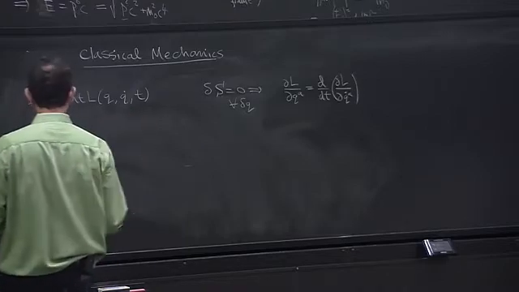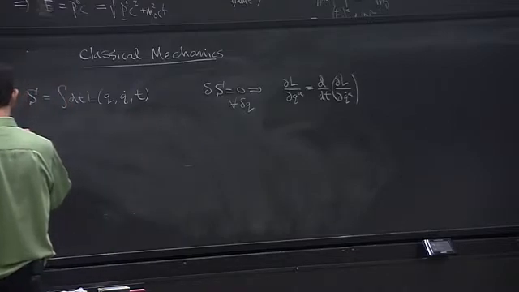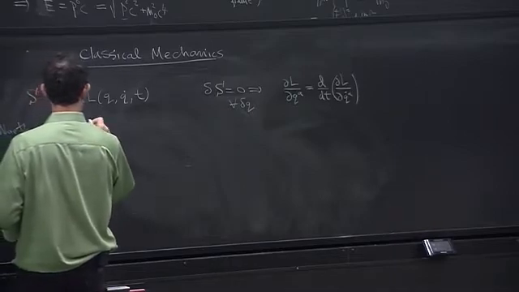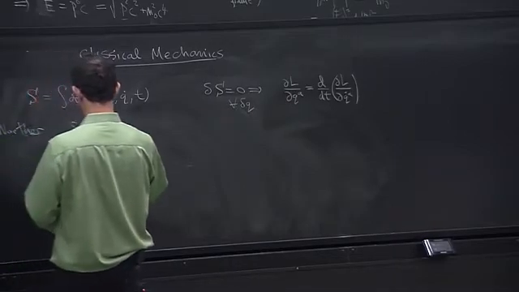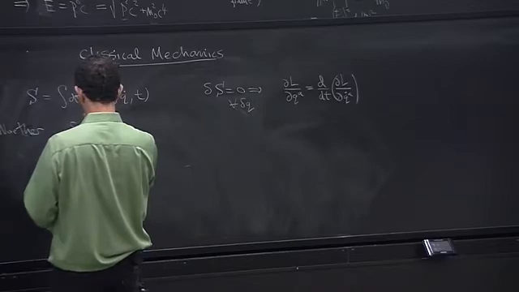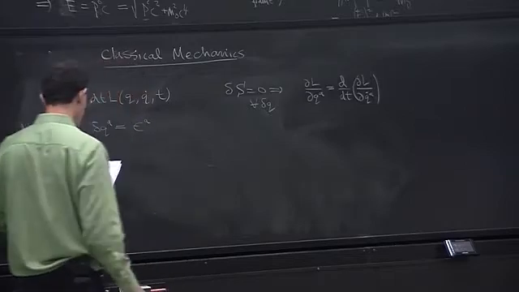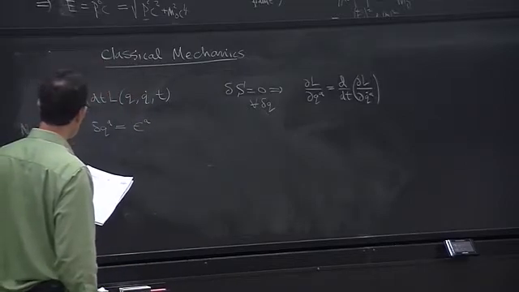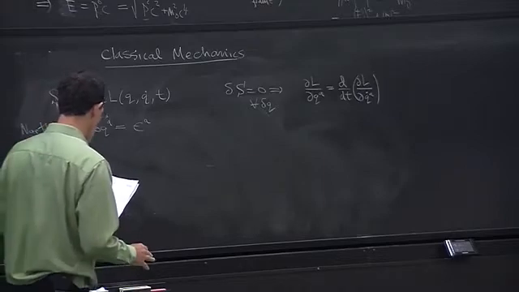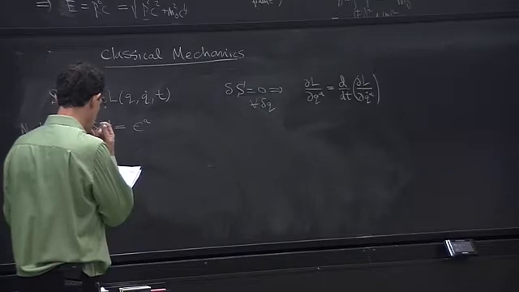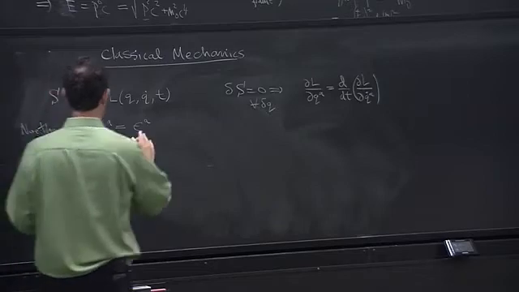Okay, so let's do Noether. So Noether says delta q_a equals epsilon_a.